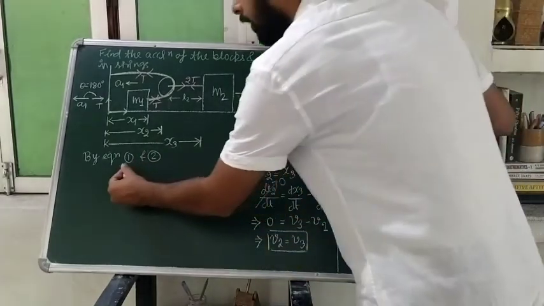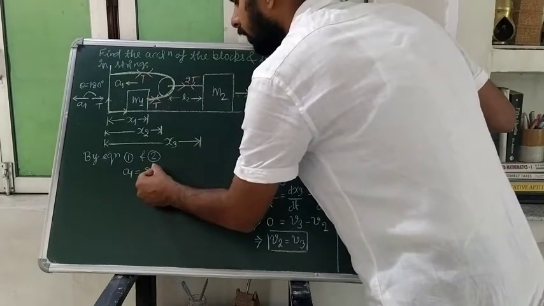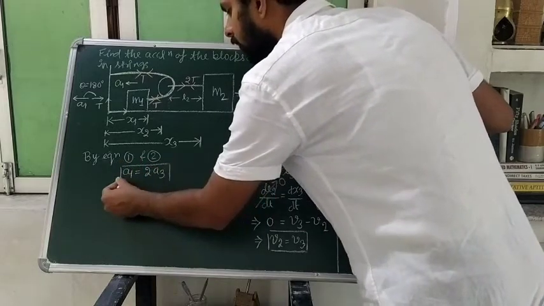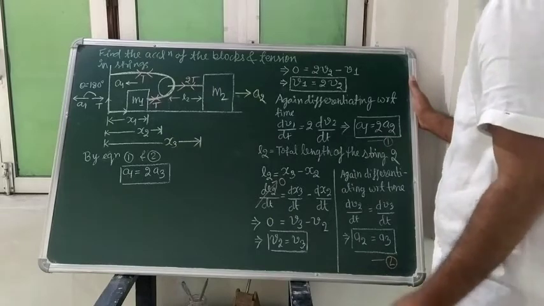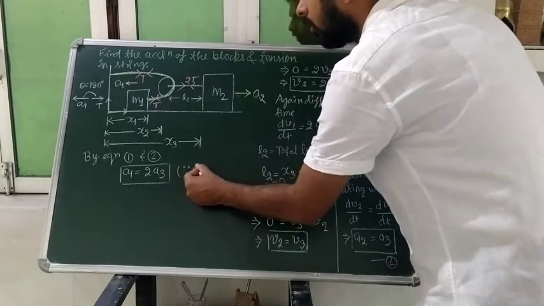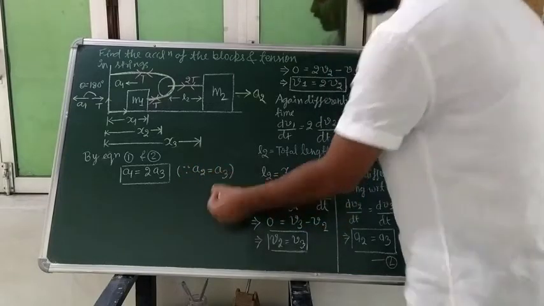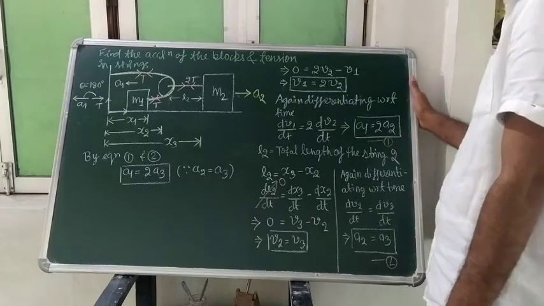That our A1 will be twice of A3. A1 will be twice of A3, isn't it? Since our A2 is equal to A3.